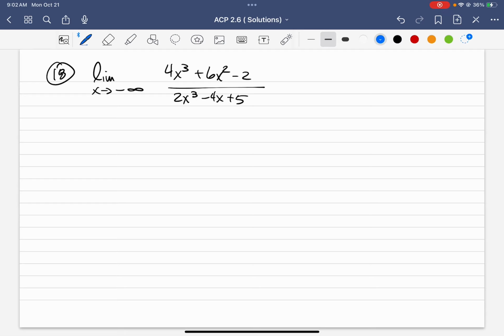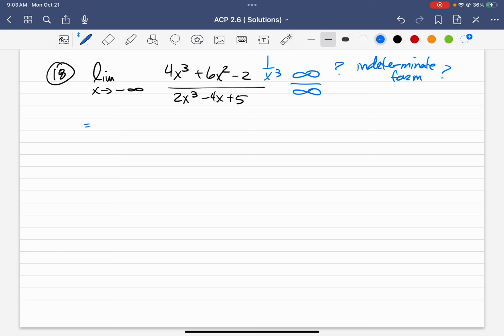So again, as we go out to infinity, this thing seems like it would go to infinity over infinity, but that does not make sense, so we have to change the form. That's what's called an indeterminate form. We don't know what to do with infinity over infinity, so I have to make it look different.